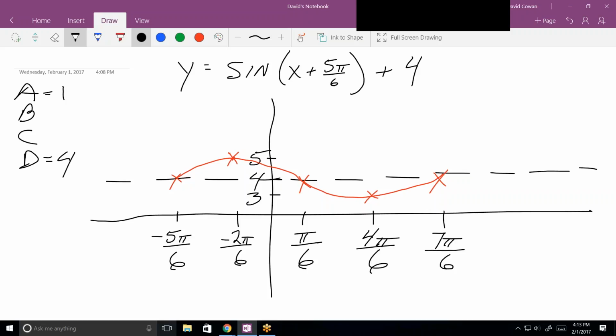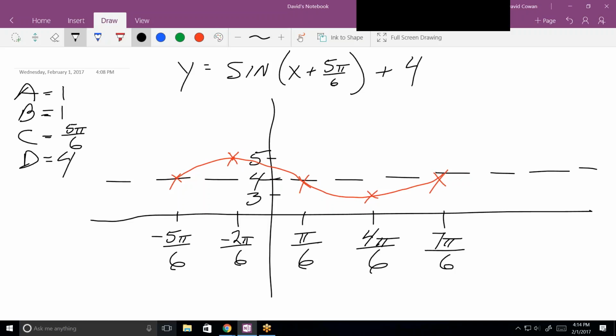Okay. You come up with B by figuring out what the period of this thing is. The period is 2 pi. Since B is 2 pi divided by 2 pi, B is 1. Okay. And the phase shift is, we can look at the curve and see that we're looking at a sine curve that's been shifted left by 5 pi over 6. That makes C plus 5 pi over 6.